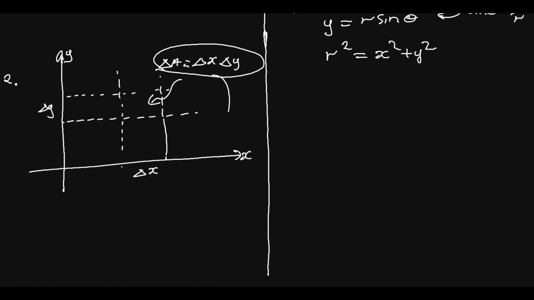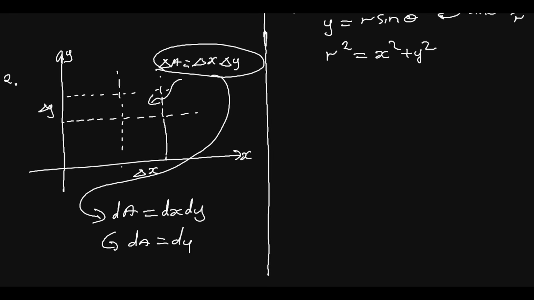Now when you are in the integrals, trying to take these deltas to infinitesimals, this develops into dA, which is equal to dx dy, which according to Fubini's theorem, this same dA is also equal to dy dx. Okay, right? So this is what we know.